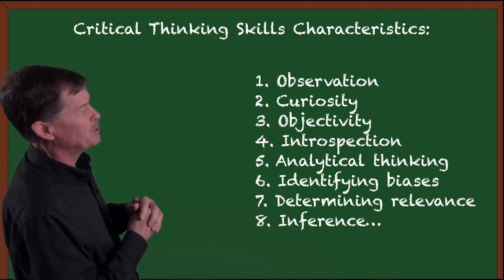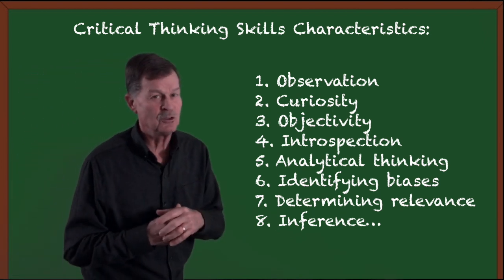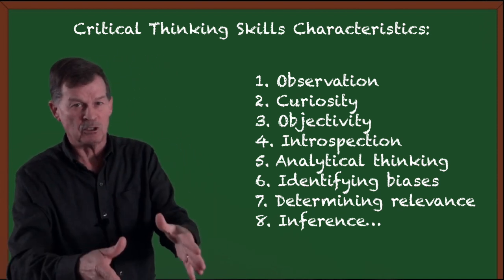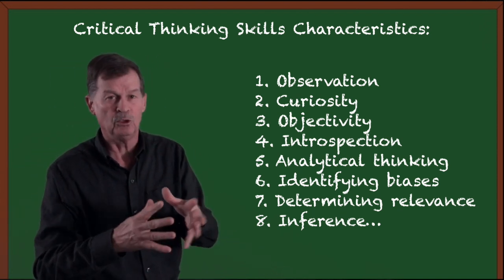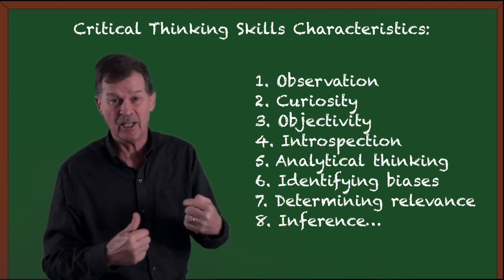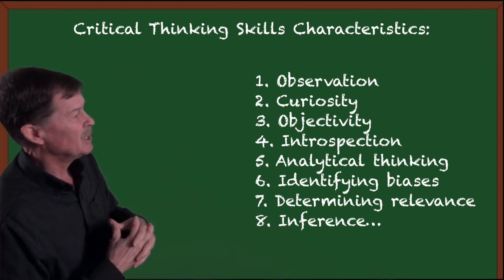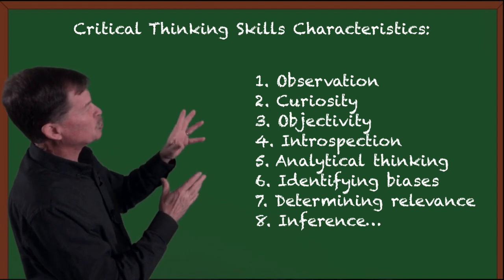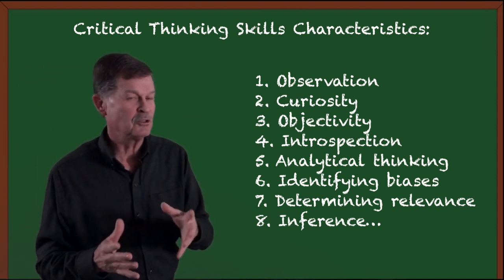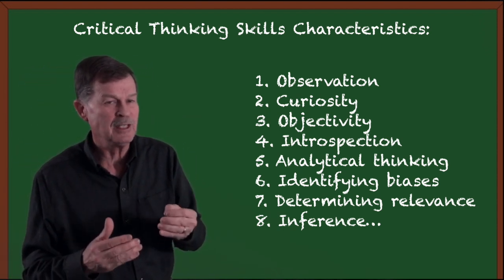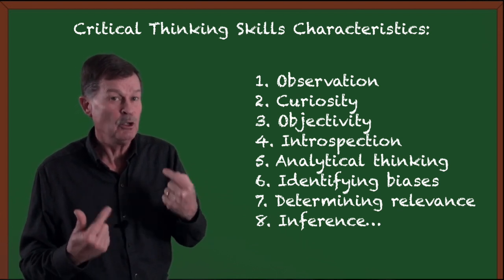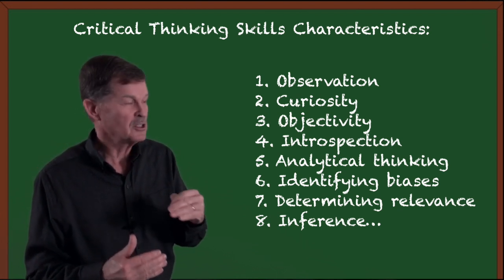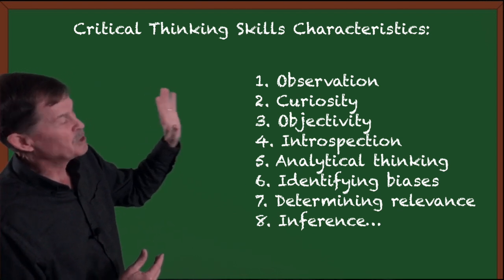Number three is objectivity. In other words, you're studying objects in the world around you, trying to isolate off your biases. Number four is introspection. In other words, you're introspecting what you're thinking and how you're thinking, and are your processes then objective?